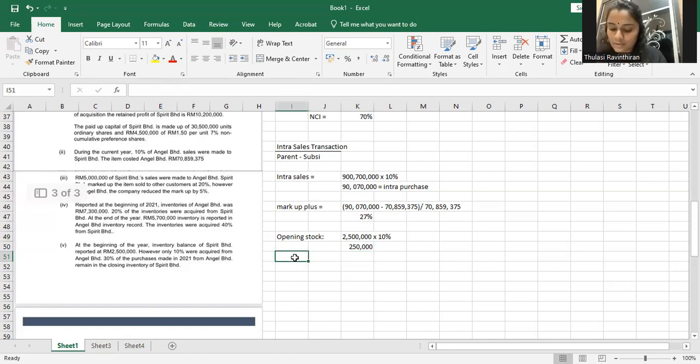So it's 250,000 times 27 markup divided by 100 plus 27. The answer will be 53,149.61.